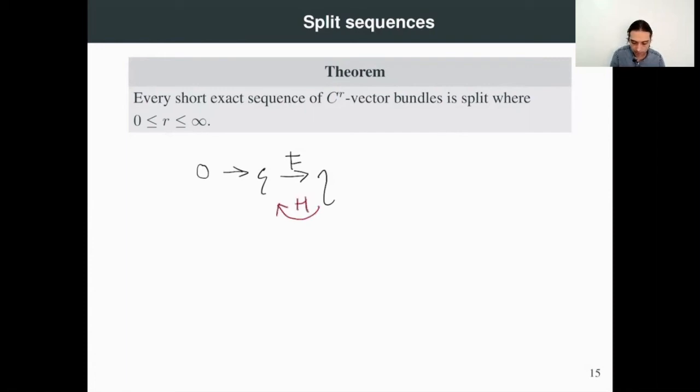We need to find H such that the composition of H and J is the identity of psi. And this is very easy to do locally. It is essentially linear algebra. And then we can paste these local left inverses by using a partitions of unity argument.